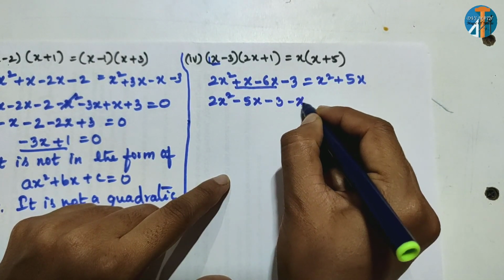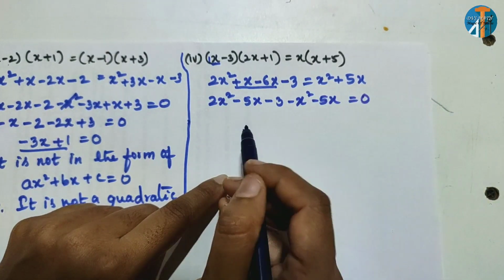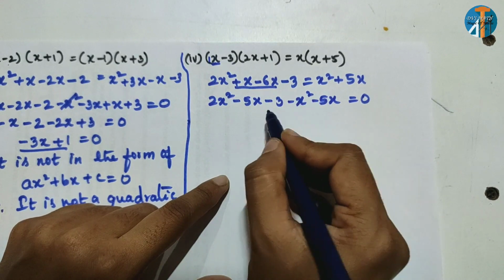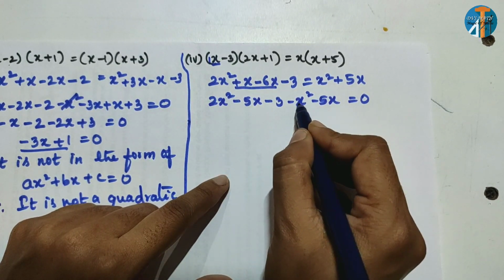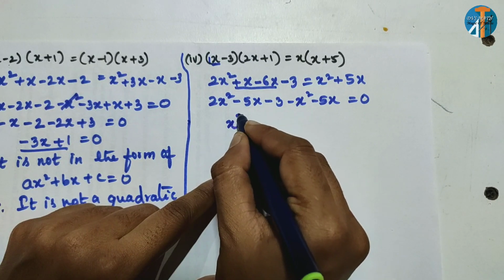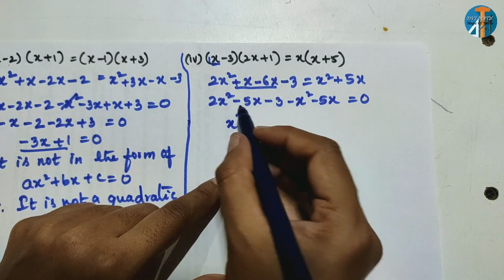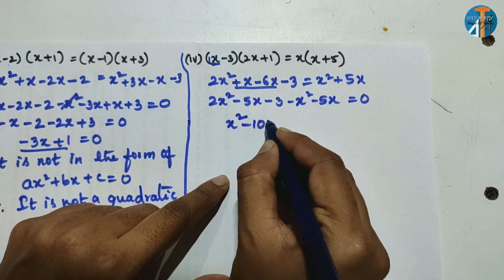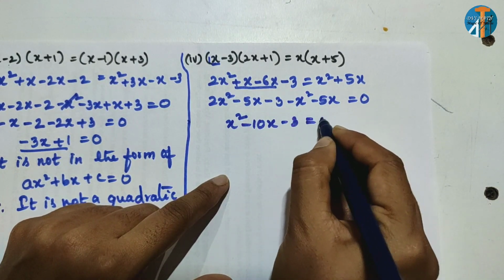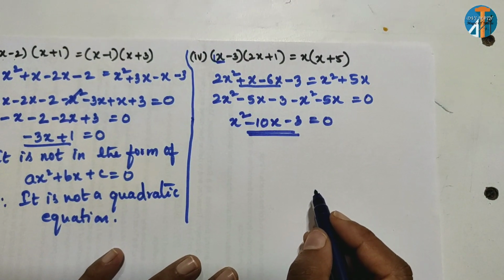Then minus x square minus 5x is equal to 0. 2x square doesn't cancel, because it is 2x square minus 1x square, which is x square. Minus 5x minus 5x is minus 10x, minus 3 is equal to 0. Finally you got x square minus 10x minus 3 is equal to 0.